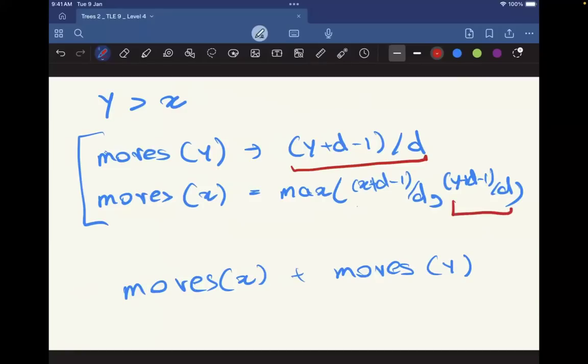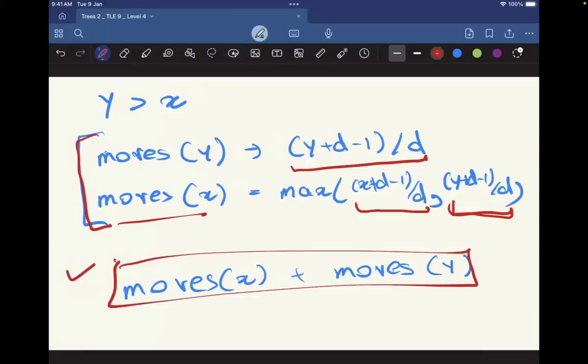We won't have a minus 1 in that case. So the number of moves for X is just the maximum of the number of moves required for X and the number of moves for Y. And now, since you have the total number of moves required for both, you can just add them.